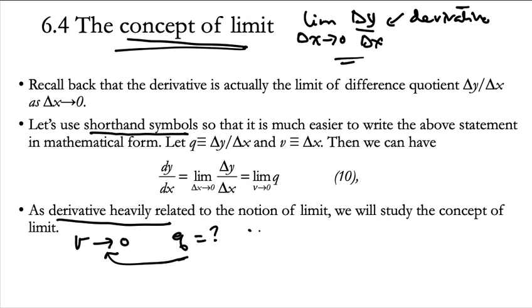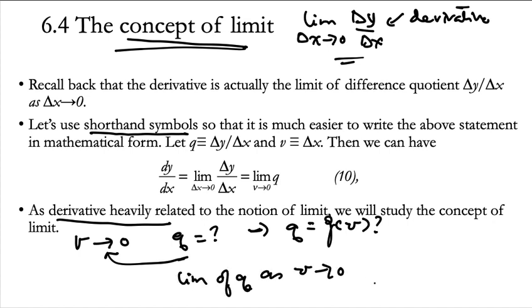If that is the case, then could we say that Q is actually a function of V? And in this case, our main objective is to find the limit of Q as V approaches 0. What's the limit of Q as V approaches 0?